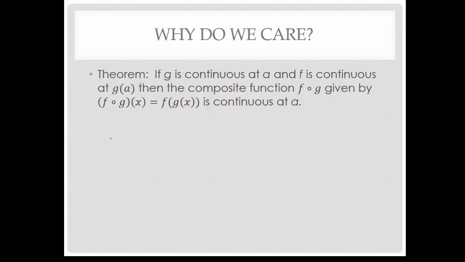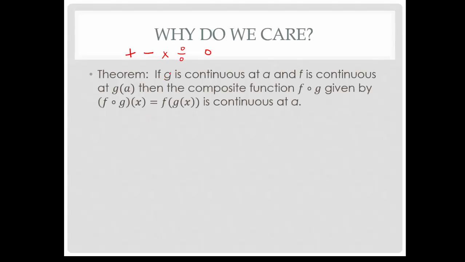This theorem has to do with the composite of functions. And remember, while numbers have 4 operations, addition, subtraction, multiplication, and division, functions have 5 operations. They have addition, subtraction, multiplication, division, but they also have composition, meaning to put one function inside another function.